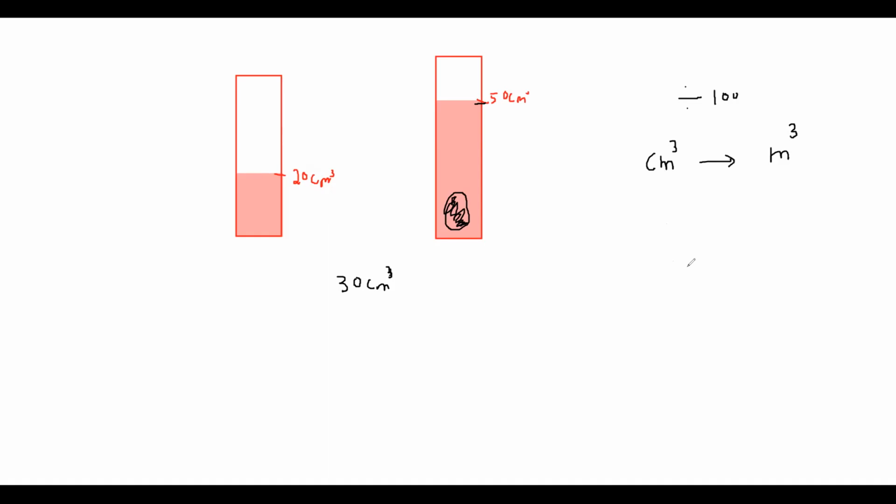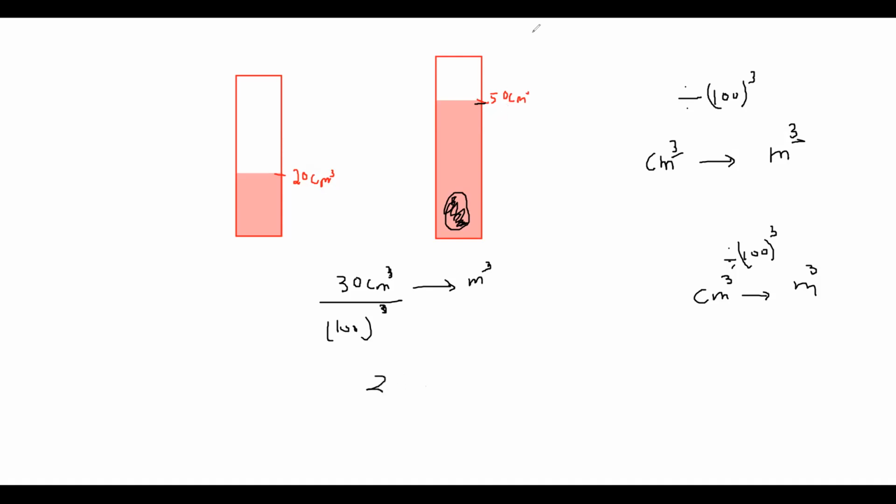When you convert centimeter into meter, you divide by 100, but when converting centimeter cube to meter cube, you should divide by 100 cube. So to convert 30 centimeter cube into meter cube, I will divide it by 100 cube. 100 cube is actually 1 million, so I'll divide by 1 million.